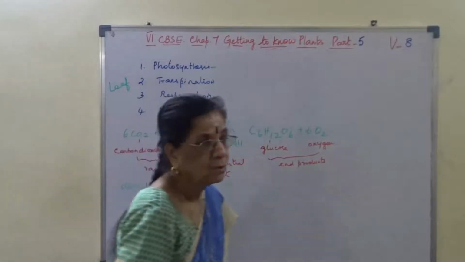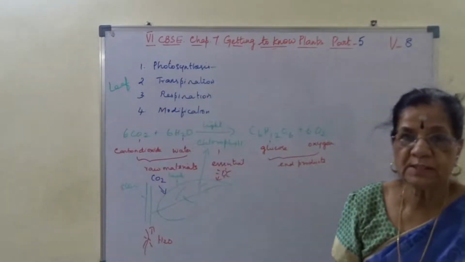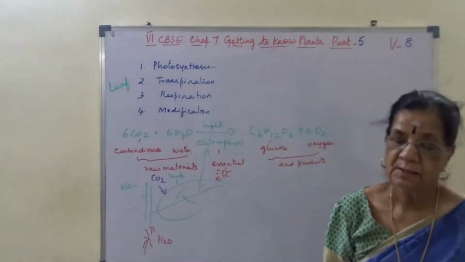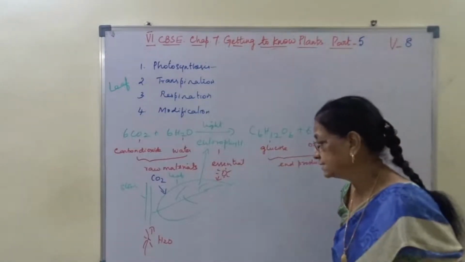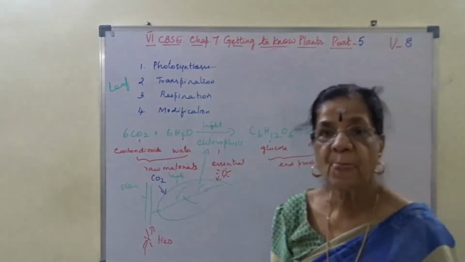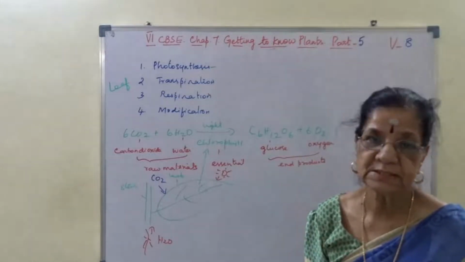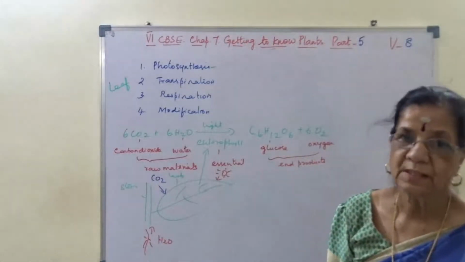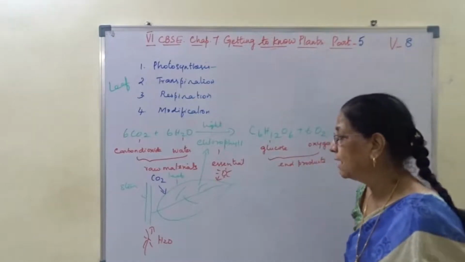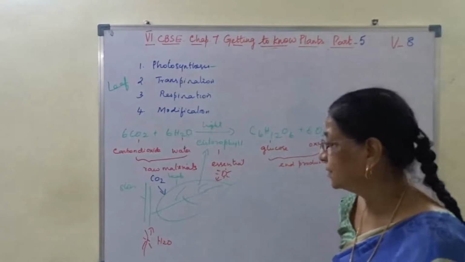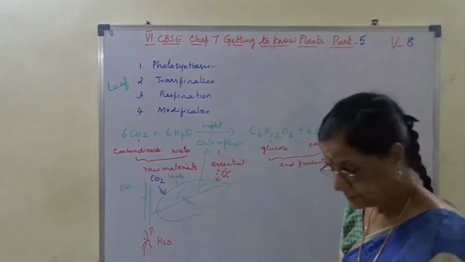So I say water is absorbed by the root hair and then it is sent to the leaf for photosynthesis. This upward movement in the stem is two-way traffic. Upward direction, and then carbon dioxide from the atmosphere.